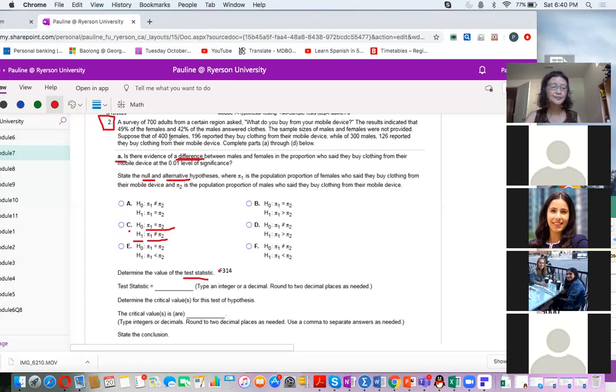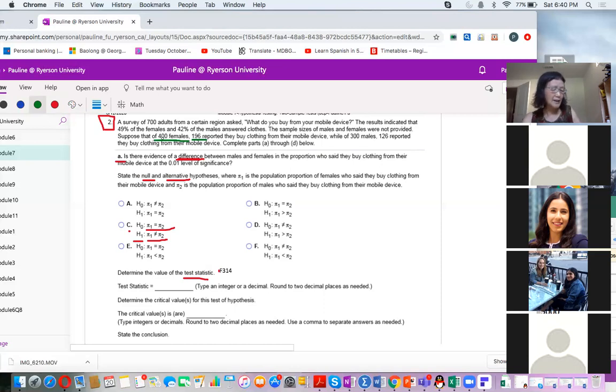See here, out of 400 females, 196 reported that they buy clothing from their mobile device. So 196 is X1, 400 is N1. So on your calculator, X1, you type in 196, N1, 400.